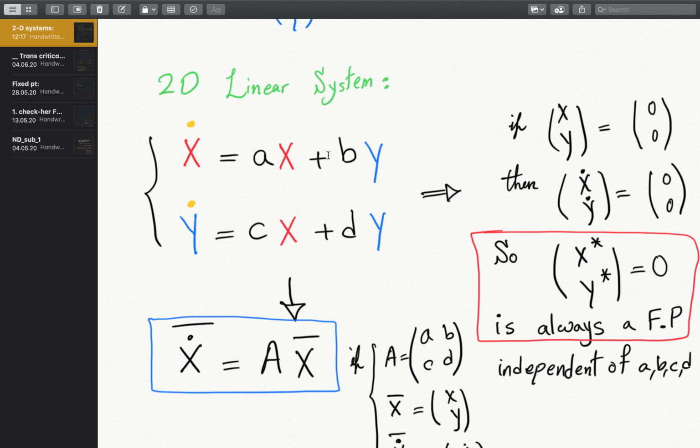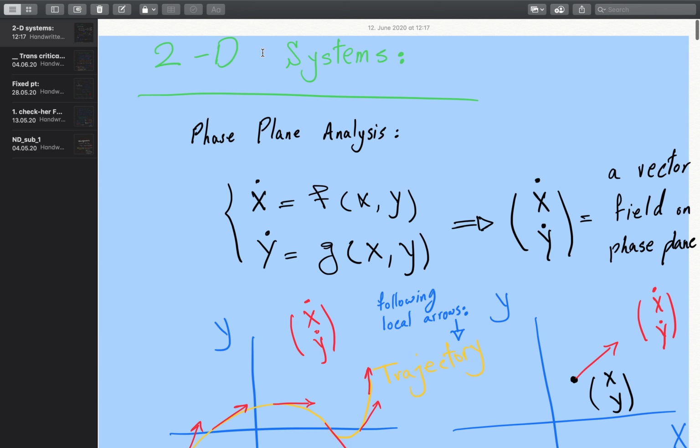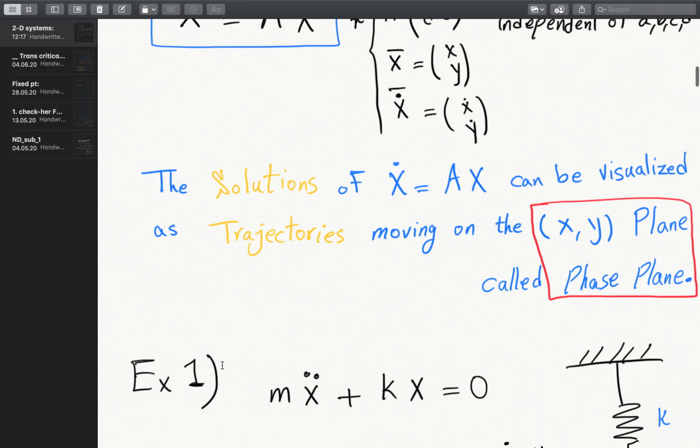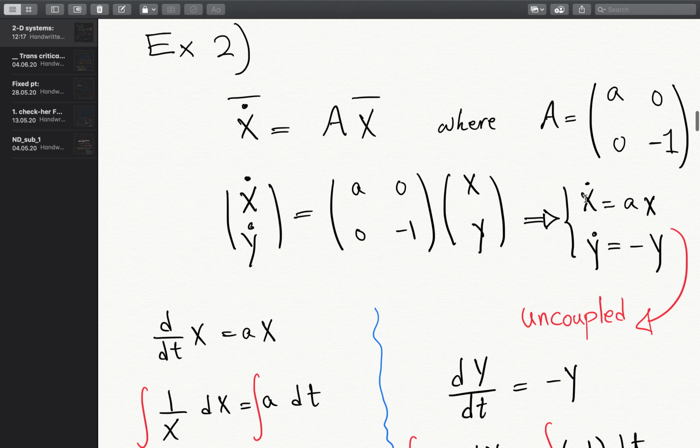Therefore x dot does not depend on y, and y dot does not depend on x. So we have x dot equal to ax, which just depends on x, and y dot just depends on y. It means that the change of x does not depend on y. Therefore they are not coupled, they are uncoupled.